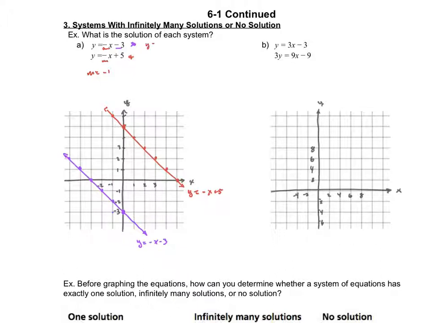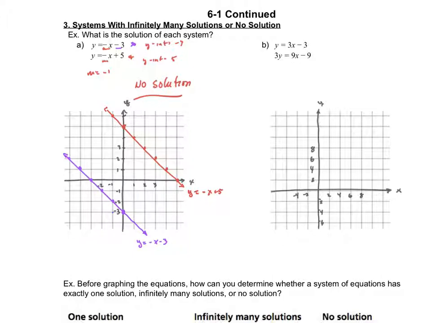This y-intercept is -3, and this y-intercept is 5. So they have the same slopes but different y-intercepts, so they will never touch. There is no solution because they have the same slope. They're parallel, as we discovered earlier when talking about linear functions.